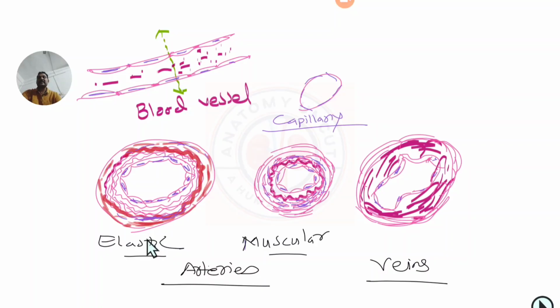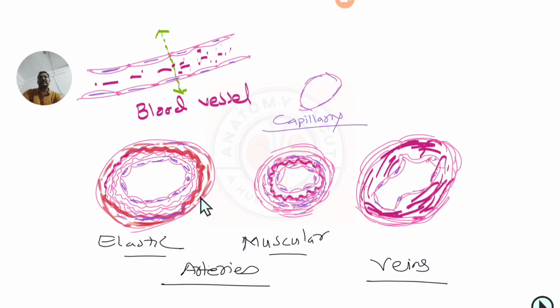Generally, your blood vessels have three layers. From inside to outside, they are called tunica intima, media, and externa or the adventitia. Three layers, three tunics: interna, media, and externa.